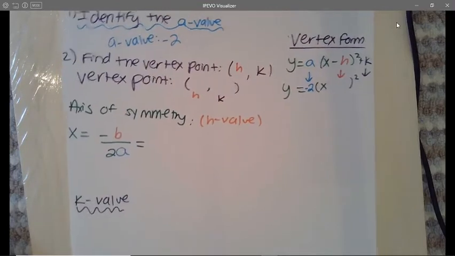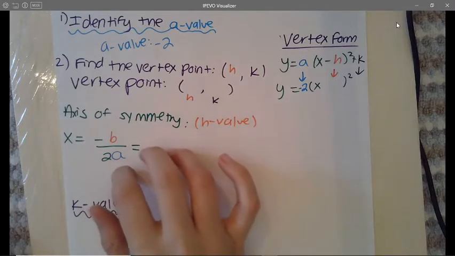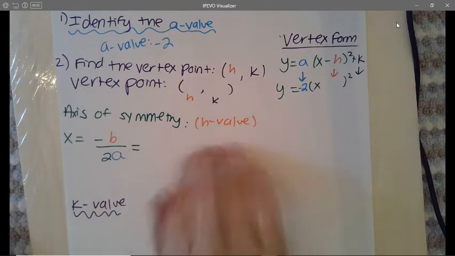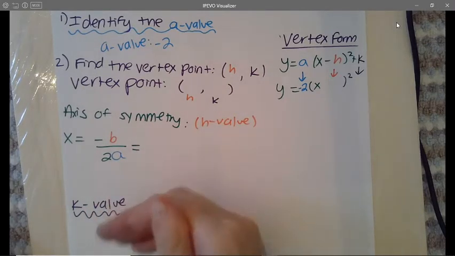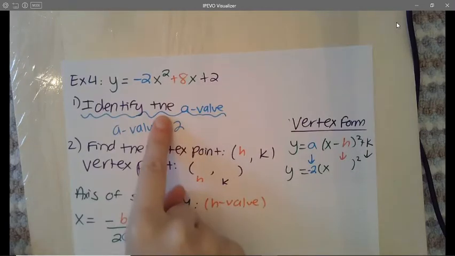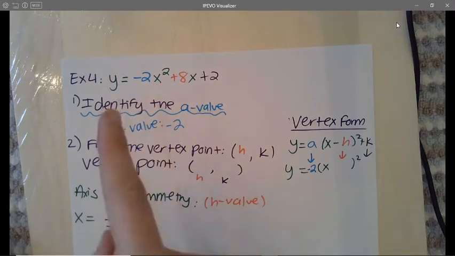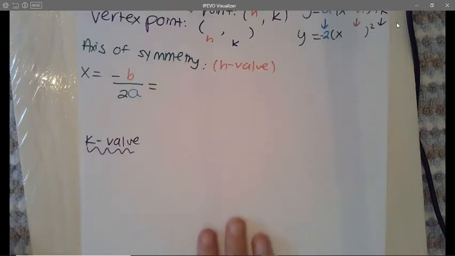Then, to find the vertex point, I must complete the axis of symmetry equation to get the h value. And then the way that you get your k value is substituting the h value back into your equation and replacing every single x with what you get. And bam, you'll have the k value.